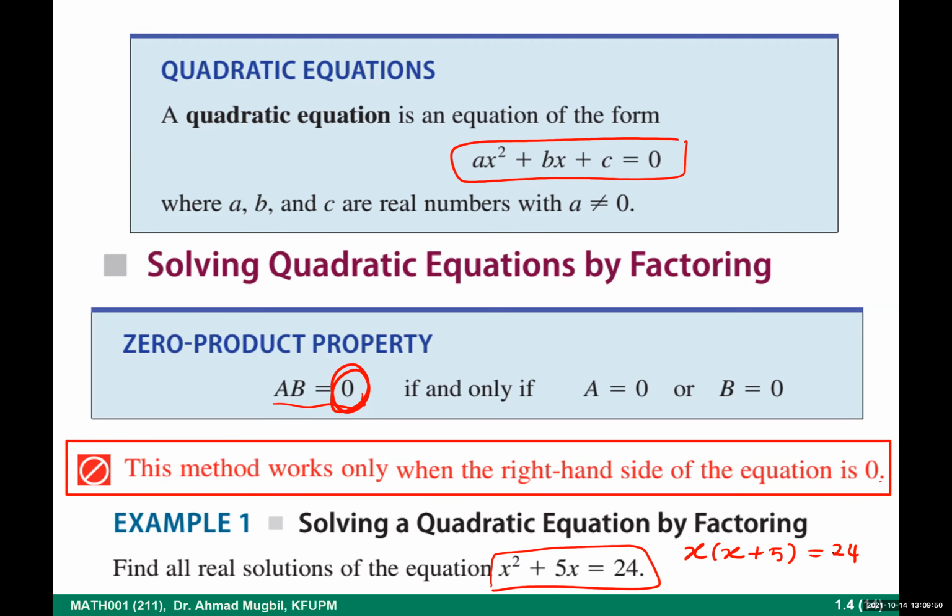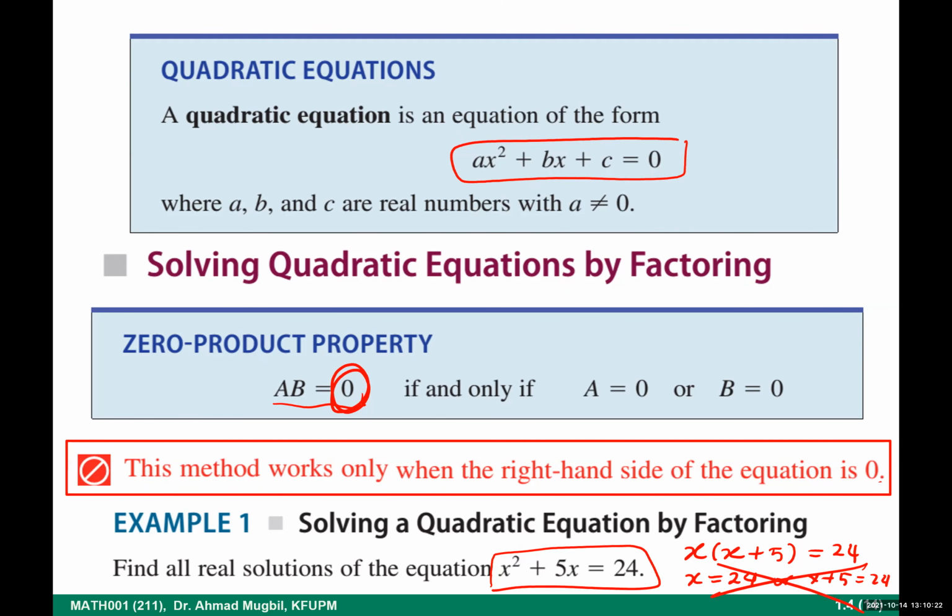What is the benefit of that? Now, look at the mistake that some of you will make in the next quiz. They will say that X is 24 or X plus 5 is 24. Is that correct? No. If the product of two numbers is 24, must one of them be 24? No. So this is wrong. Don't use this property unless the right-hand side is zero.